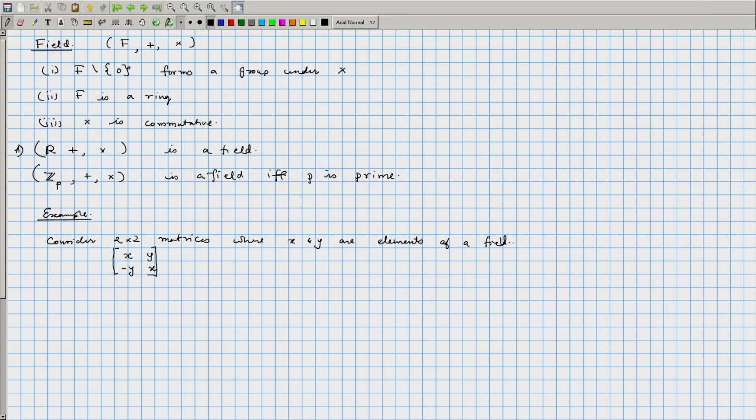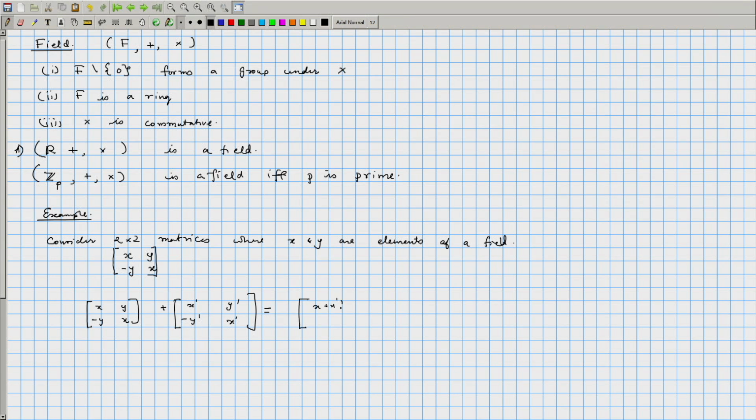Okay. Do these collection of matrices form a field? Clearly they form a ring, because if you have a matrix x y minus y x, and you add it to another matrix of that kind x prime y prime minus y prime x prime, what you get is another 2 cross 2 matrix which is of the same form.